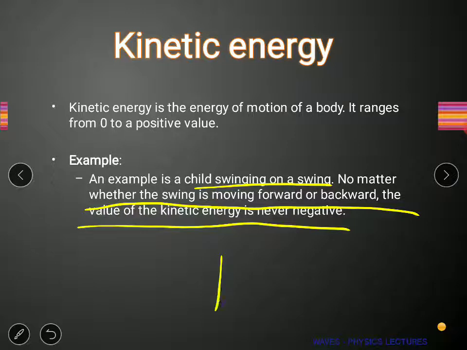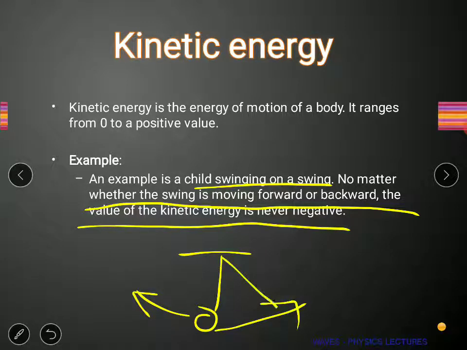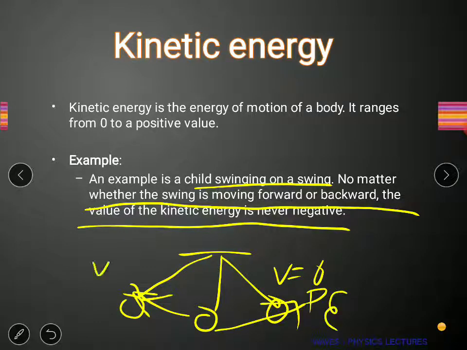I hope you have already seen the example of a pendulum. If the pendulum moves in this direction and this direction, and you give it a tap, it moves here, stops here, and then comes back. So if the pendulum stops here, V becomes 0 and potential energy is maximum. Here also V becomes 0 and potential energy is maximum.